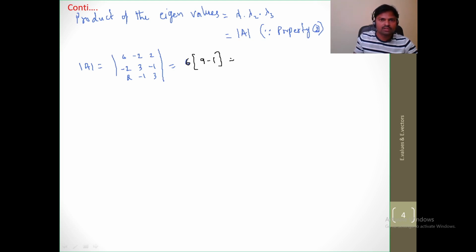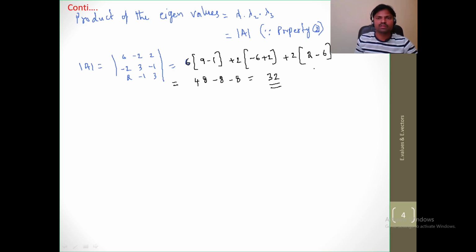Next, minus, plus 2 into minus 6 plus 2. And next, plus 2 into, hope you know how to find a determinant, I'm directly calculating, 2 minus 6. This is nothing but 6 into 8, 48, and minus 4 into 8, minus 4, and minus 4, so again minus 8, isn't it? Now this is equivalent to how much? 40 and 32. So the product of the eigenvalues is 32.